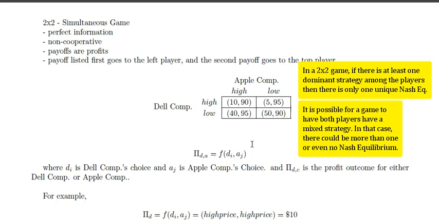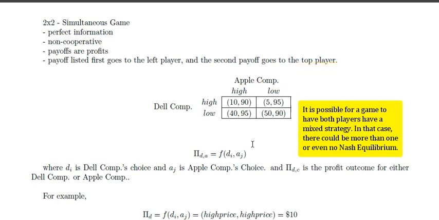So as long as you have one dominant strategy, even if you have a mixed strategy, the Nash equilibrium is very easy to find. Games get more complicated when both players have mixed strategies, and then you have to start thinking about probabilities, and then it gets very complicated. But that's for another subject for another time.